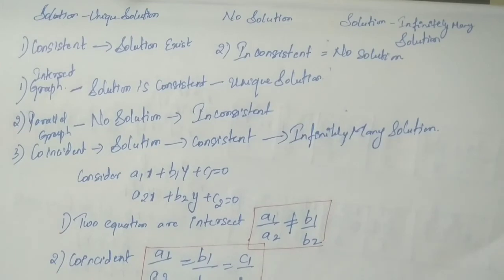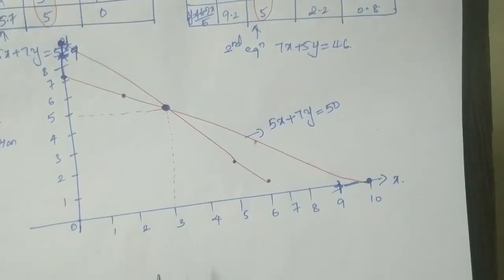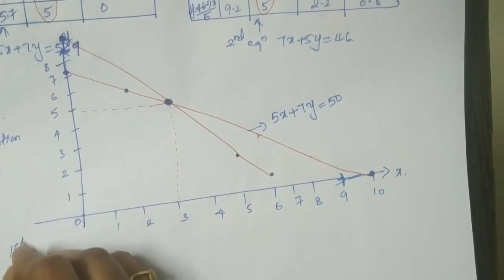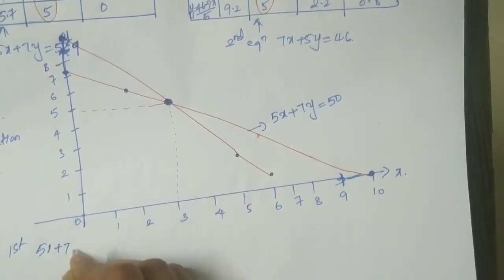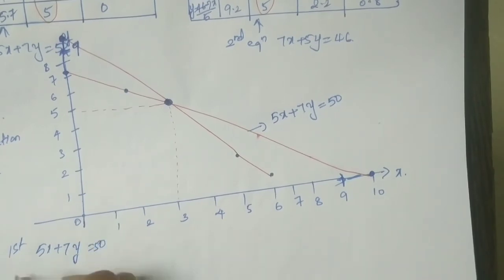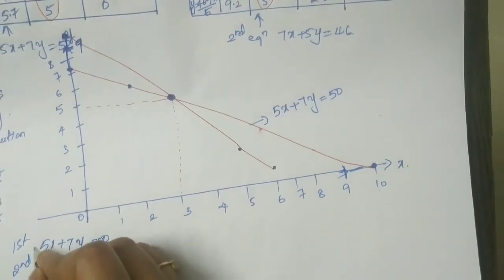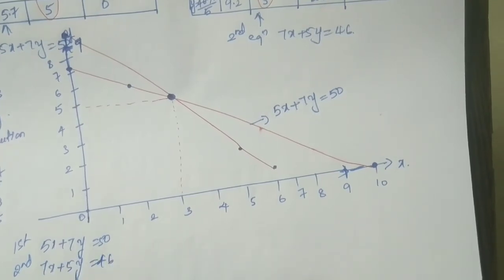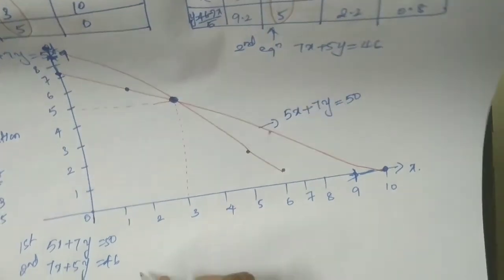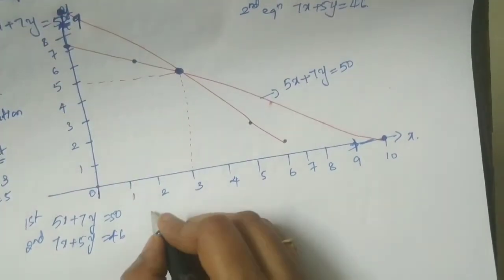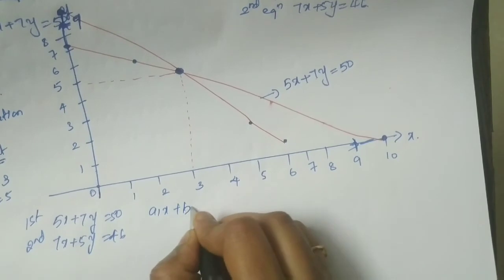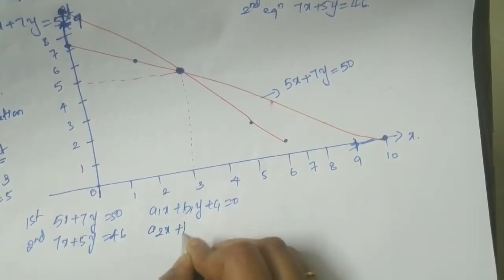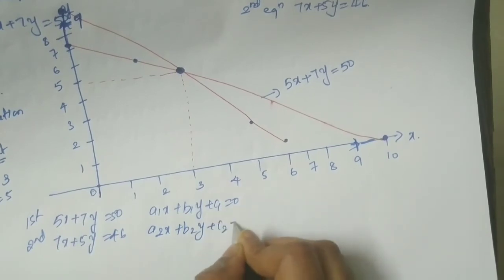Right? So keeping all this concept in mind, I am going to take the same given equations. The first equation is 5x plus 7y is equal to 50. The second equation is 7x plus 5y is equal to 46. Rewrite the equations in the standard form.